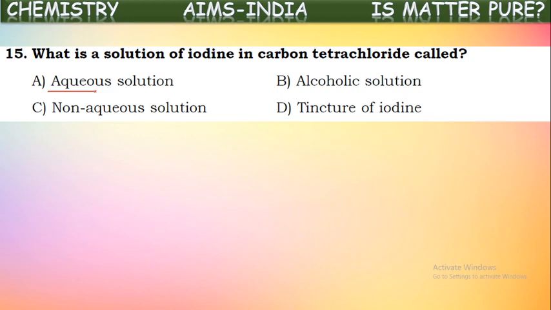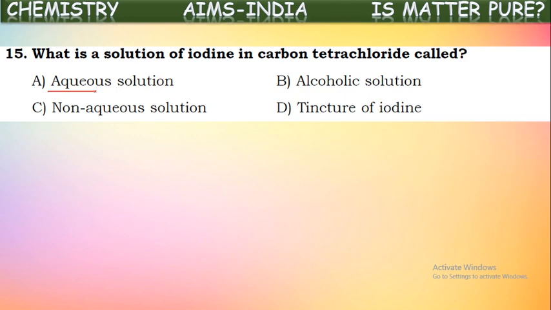Aqueous solutions means the solutions in which the solvent is water. So when some solid substances are dissolved in water, the solutions formed are called aqueous solutions. If I say aqueous hydrochloric acid, that means hydrochloric acid is dissolved in water. So that water solution of hydrochloric acid is called an aqueous solution.